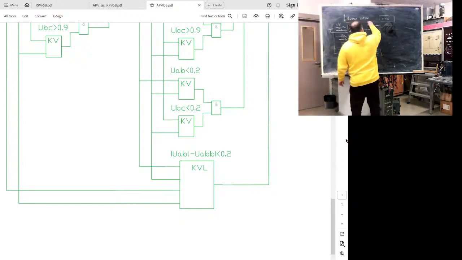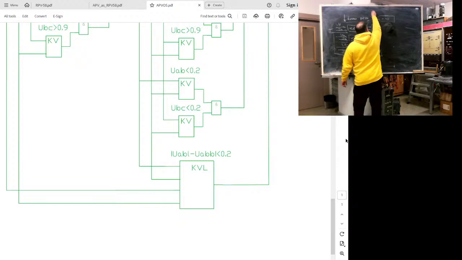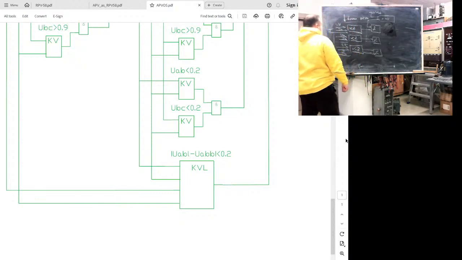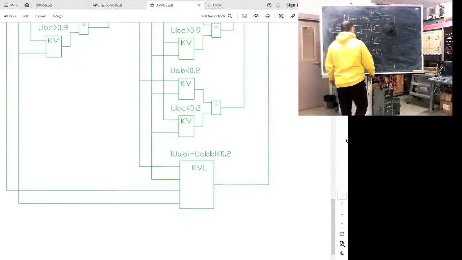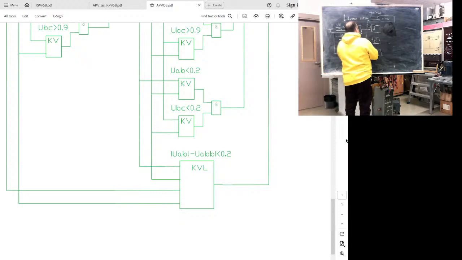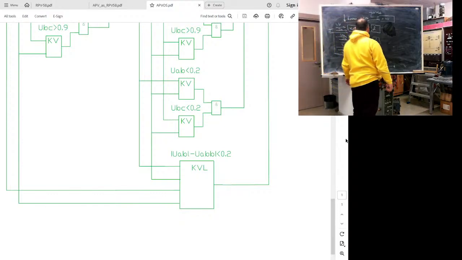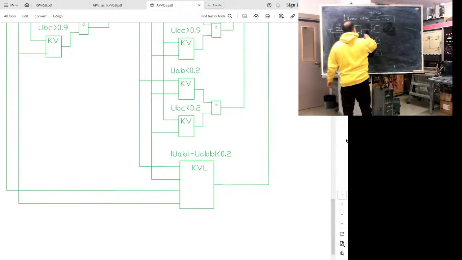Okay, from protection, switch state, AAE logic. That's not enough. Actually, I can abandon this. See, there's a problem. This needs a selector 2 from 3. I can do it like this.